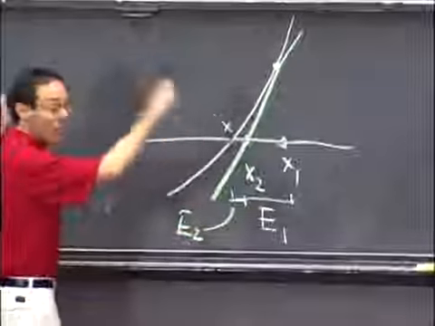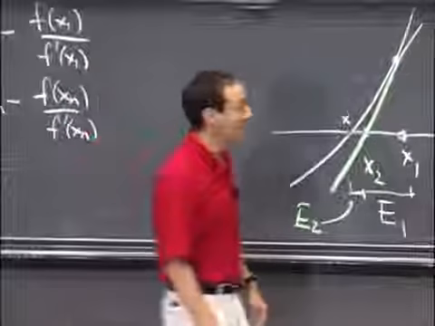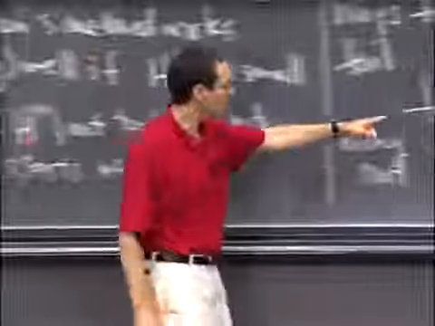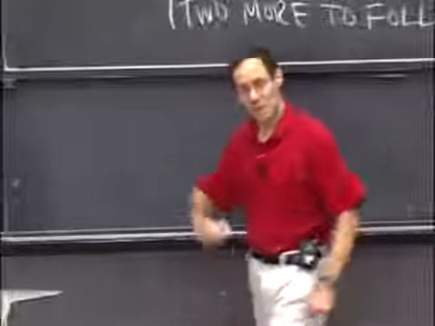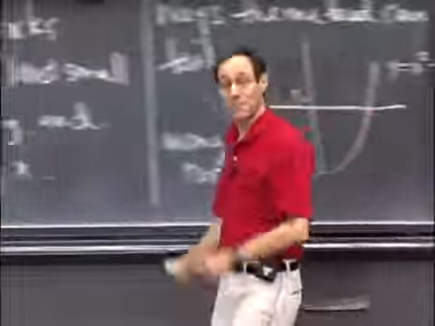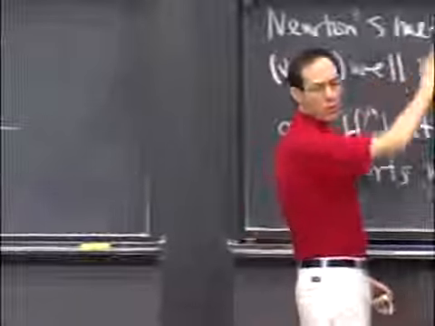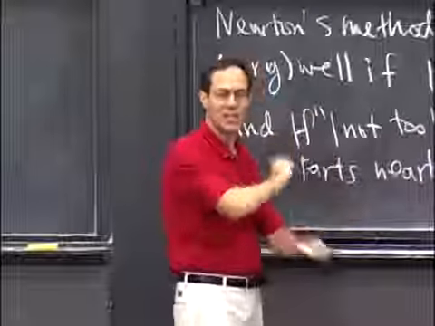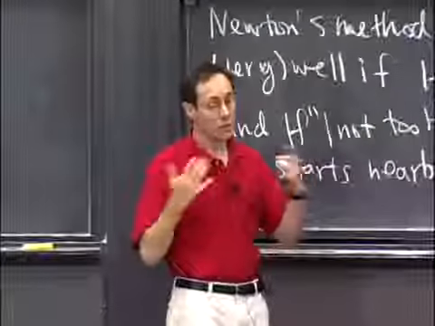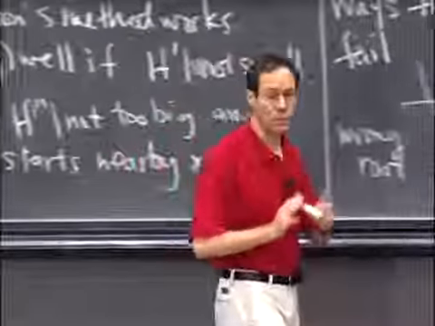But far away, a parabola is miles from a straight line. It's way, way, way far away. So if you're foolish enough to start over here, you may have some trouble making progress. Actually, that little wiggle there just meant proportional to. In fact, in the particular case of a parabola, it manages to get back. It saves itself. But there's no guarantee of that sort of thing. You really do want to start reasonably close.